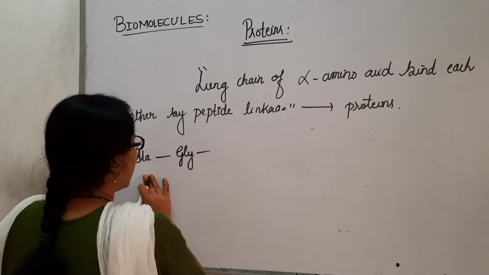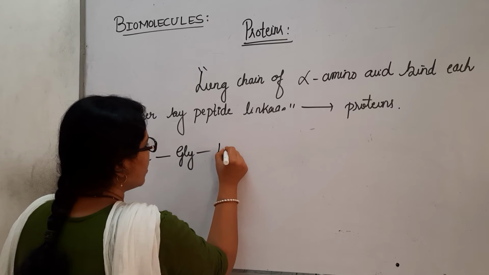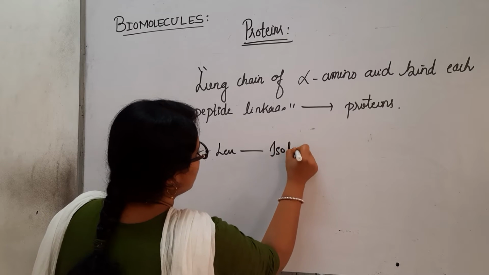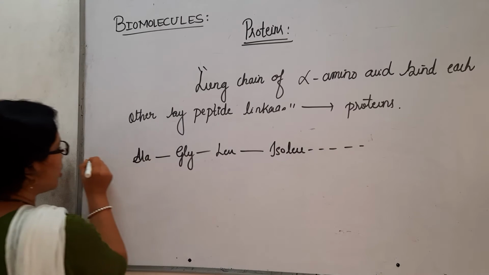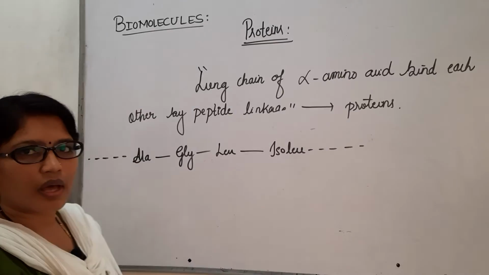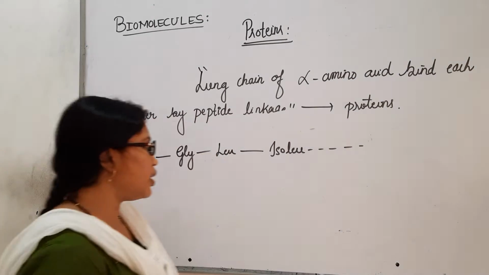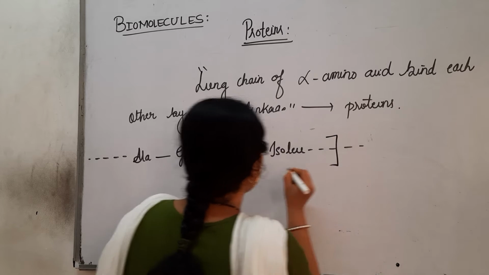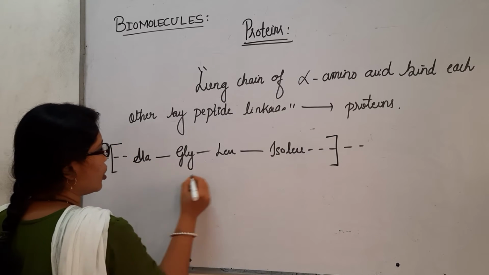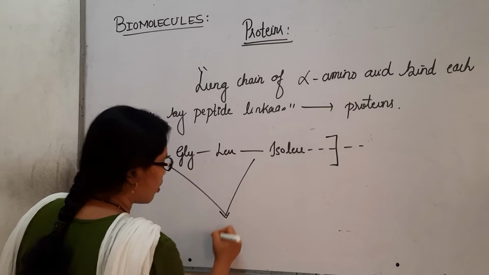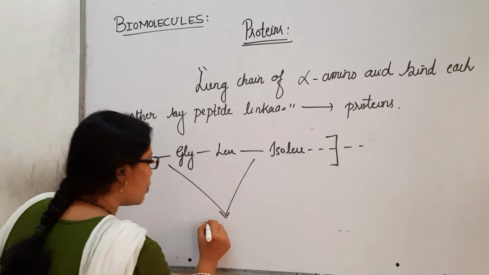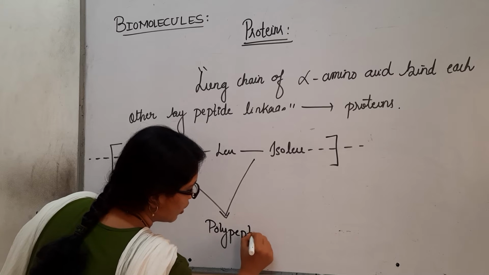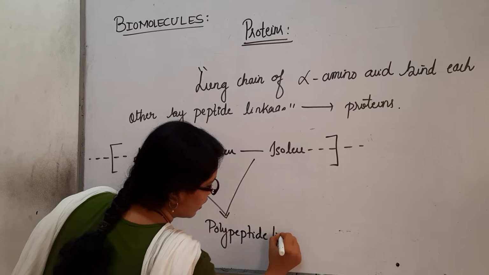Then I will have alanine, glycine, leucine, isoleucine, and so on, because we have considered a number of amino acids. These amino acids together form linkages with each other by elimination of water molecules, and the linkages obtained here are referred to as polypeptide linkages.